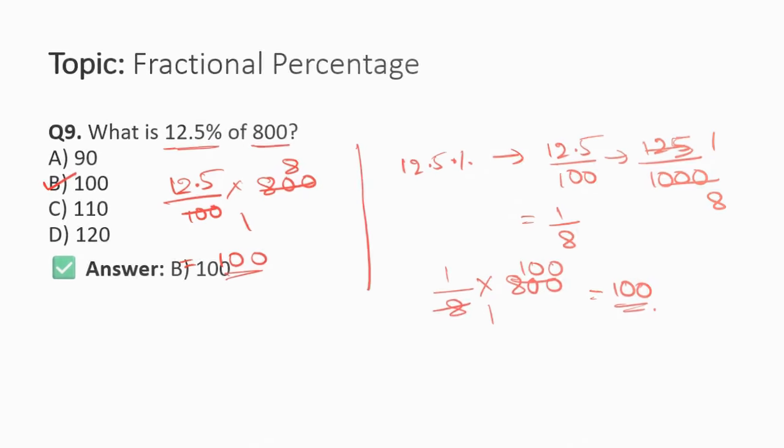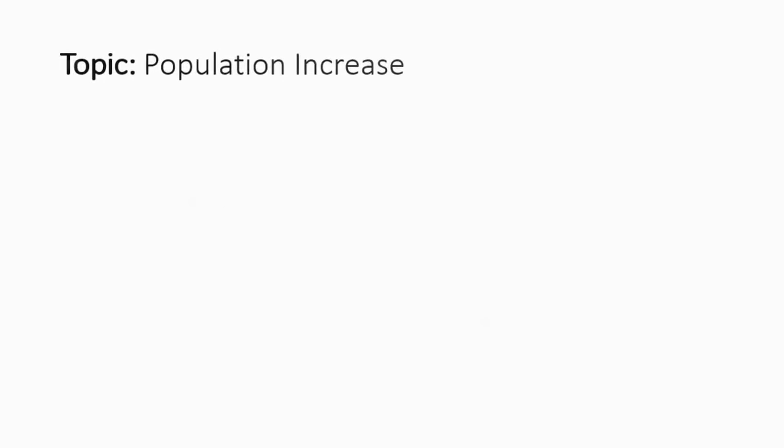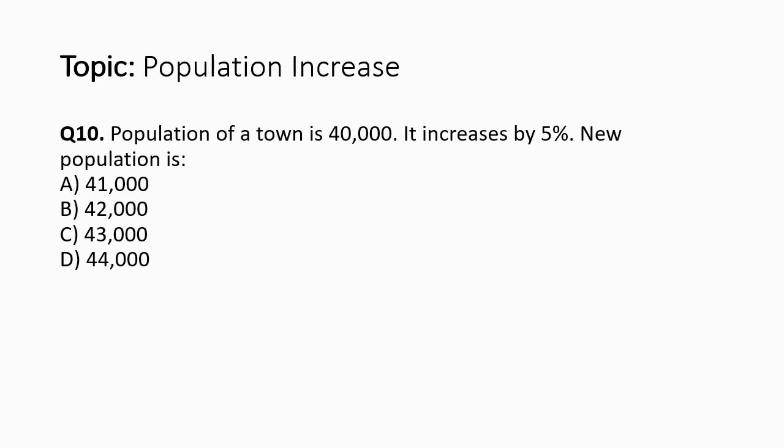And next one, population increase topic. Population of a town is 40,000. It increases by 5%. We need to find the new population. Same way as in the before questions, the original number is some value and it has been increased by some percent. What will be the new value?